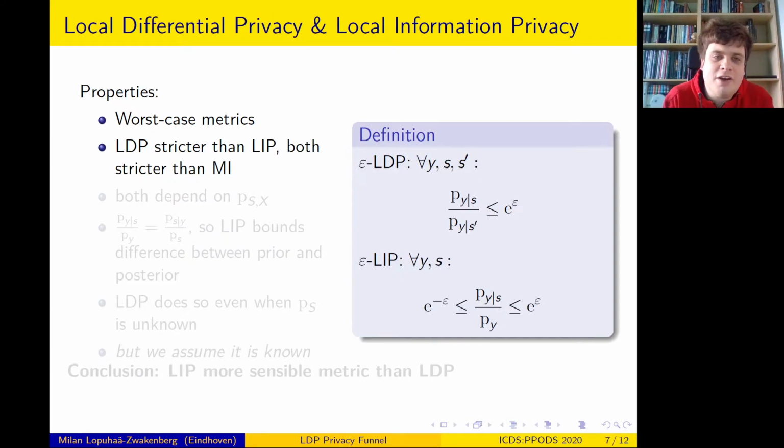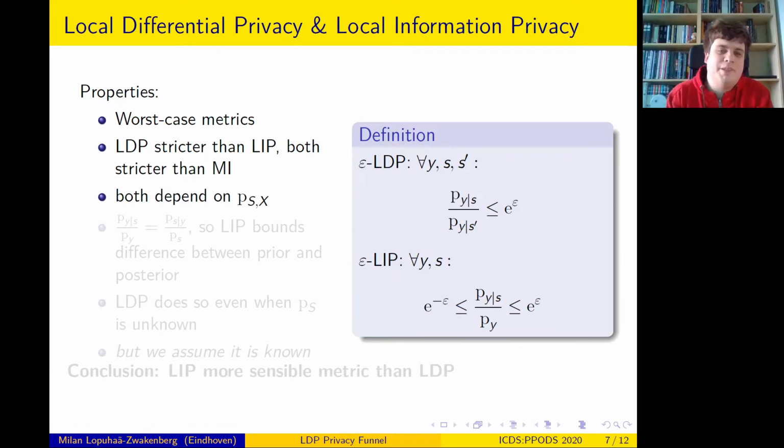And if you satisfy either of them, then you also have a bound on mutual information. In fact, the mutual information then cannot be more than epsilon. So if you find a protocol that satisfies epsilon LDP or epsilon LIP, then it's certainly a protocol that's appropriate for the privacy funnel setting as is classically defined. So that's nice.